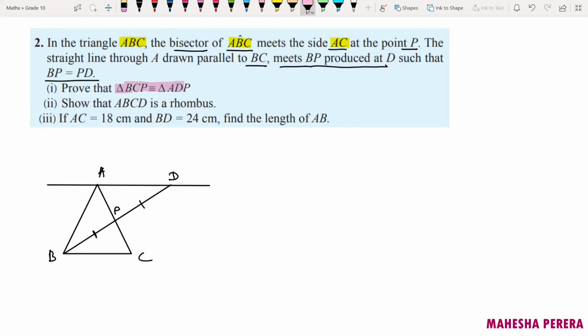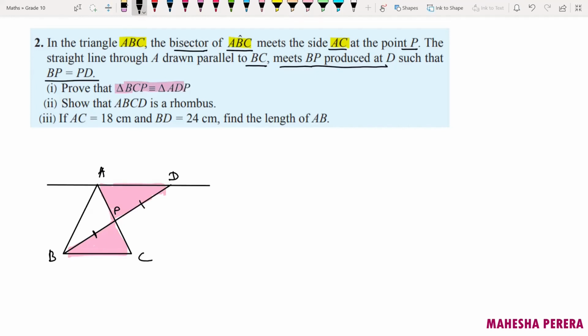Right. Where are these triangles? BCP, it's here. This is the triangle. And ADP, it's over here. So we need to prove that these two triangles are congruent. Already we know that BP equals PD because it's given. Right. And what else do we know?